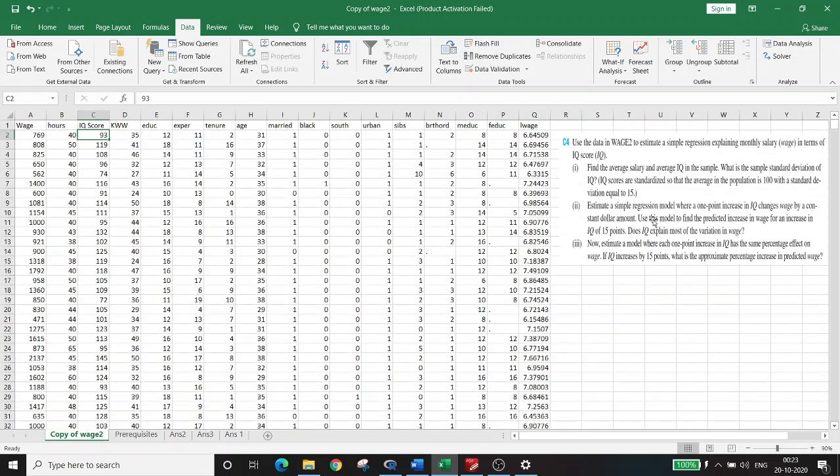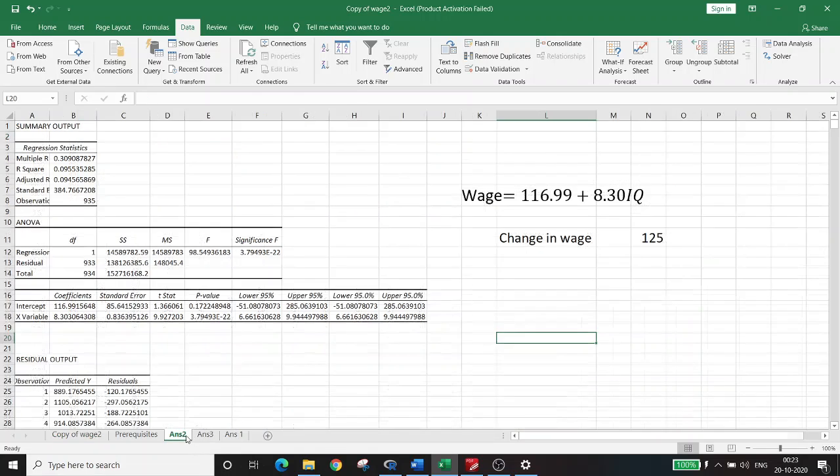All right. The question asks me to use this model to find the predicted increase in wage for an increase in IQ of 15 points. Does IQ explain most of the variation in wage? To answer the first part, the change in wage, that is delta W, due to a change in IQ score by 15 will be nothing but the slope estimator times the change in X. The slope estimator is 8.3 multiplied by 15, since IQ score has increased by 15.